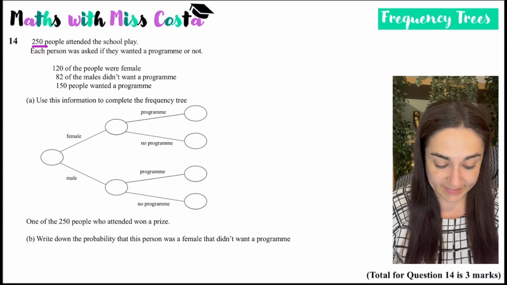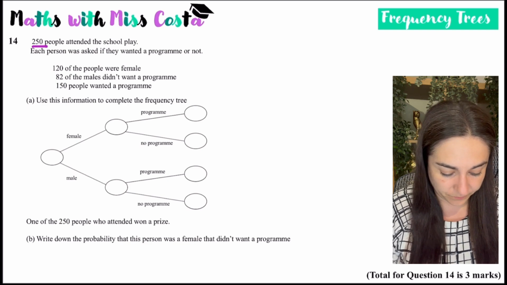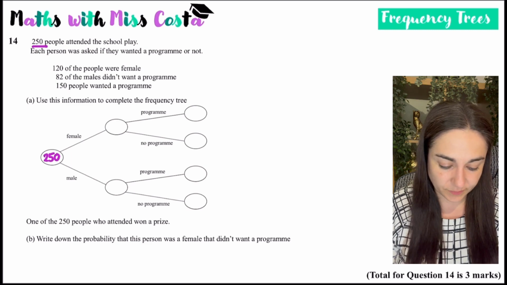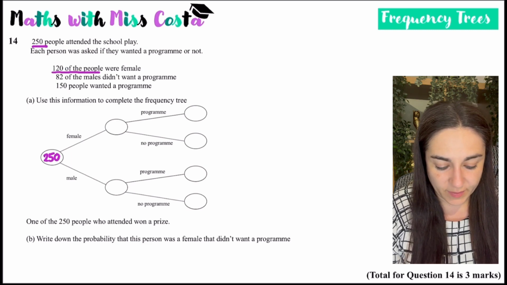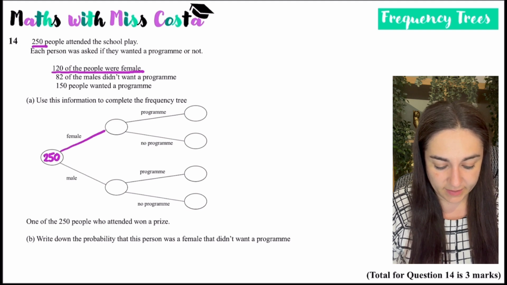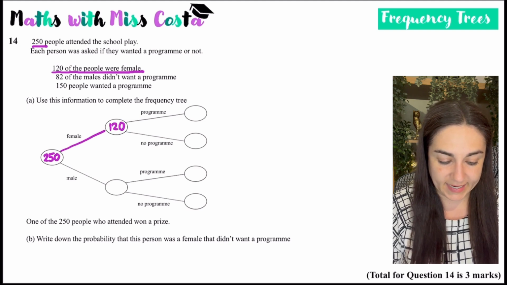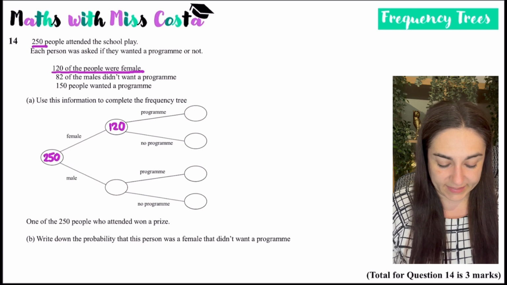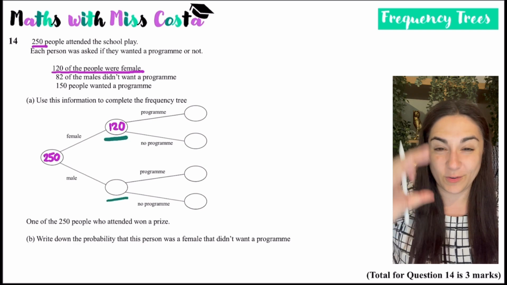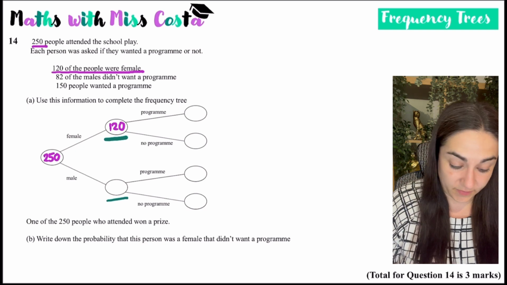So let's start with the information that we have. We know there are 250 people in total. I'm then told that 120 of the people were female. So female is along this line, so I'd write 120 here. And the key thing with frequency trees is that each little branch or column must add up to what it came from.